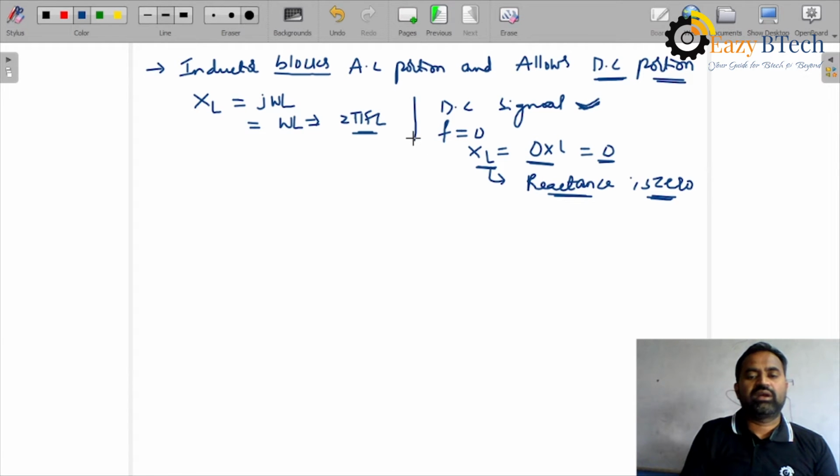Then the inductor allows DC. It acts as a short circuit.